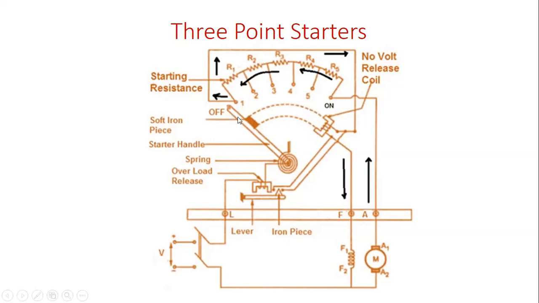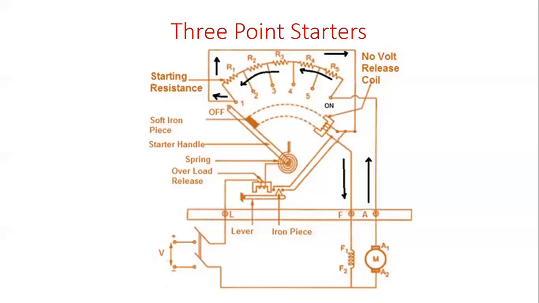This happens even when the motor is running in proper condition, within our control limit. The condition is that the magnetic force in the no voltage release coil is less than the spring force, so this type of sudden removal will occur.